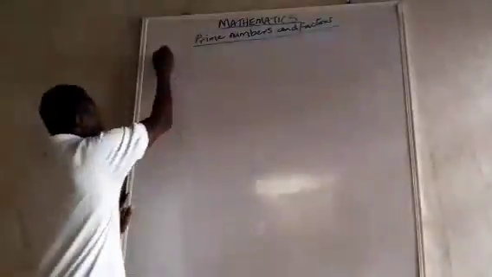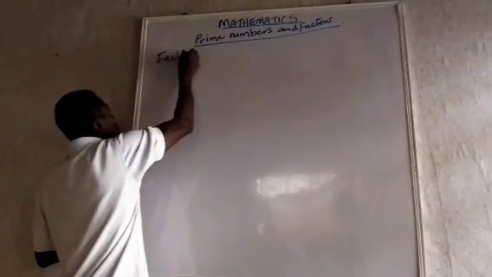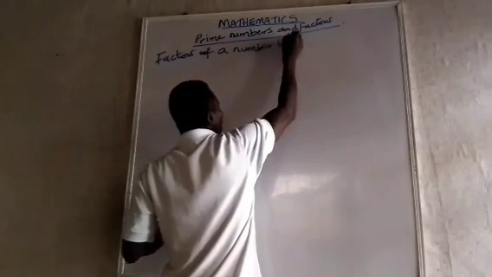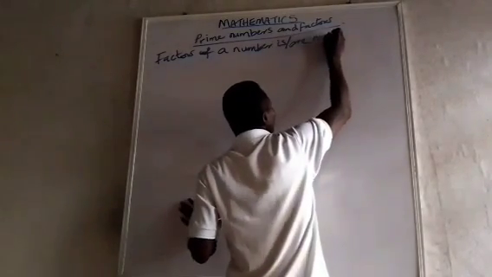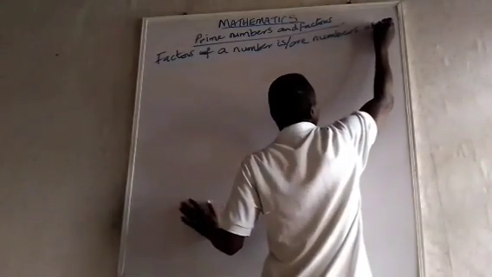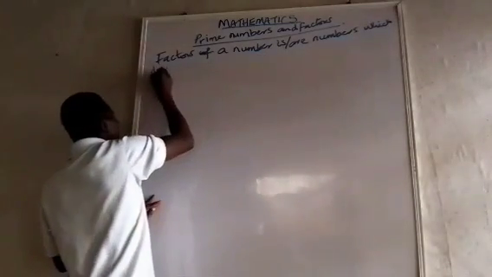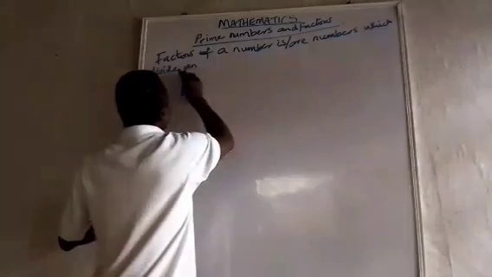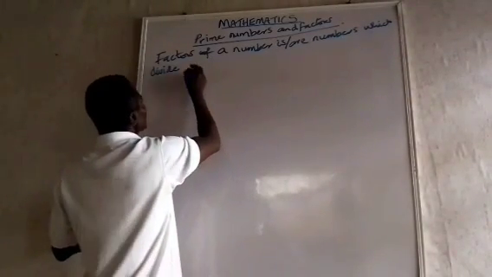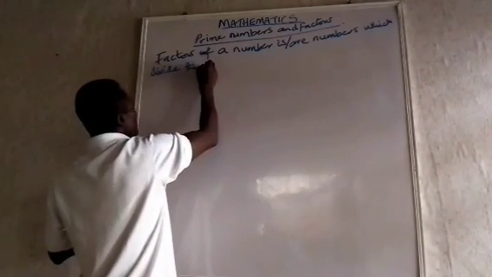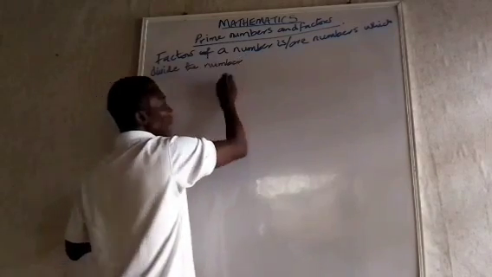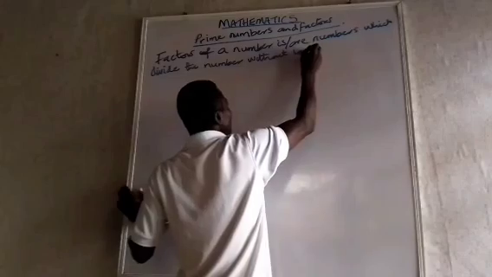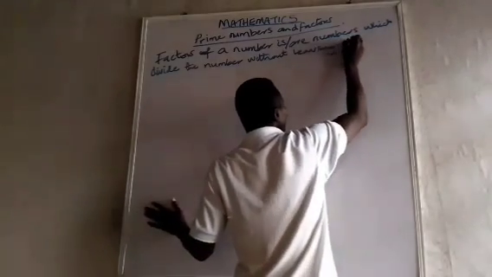Let me start with factors of a number. Factors are numbers which divide the number without leaving any remainder.